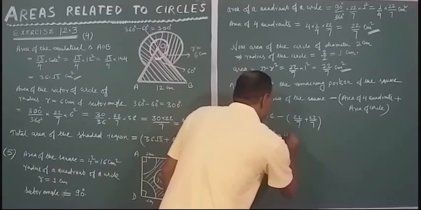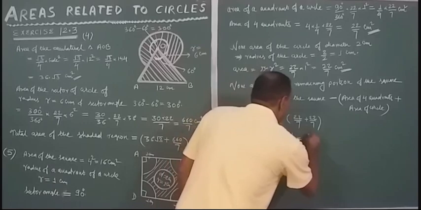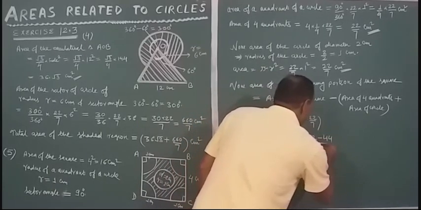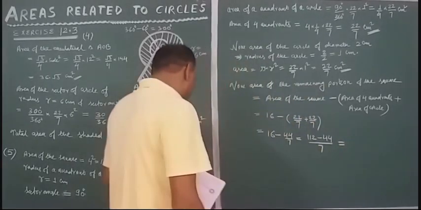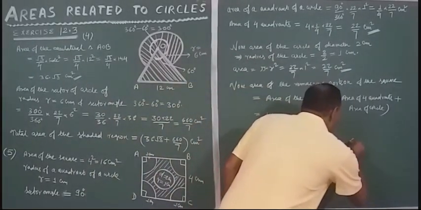So this will be 16 minus 44 upon 7. 16 7s are 112 minus 44 upon 7. Just solve them. 112 minus 44 is 68.